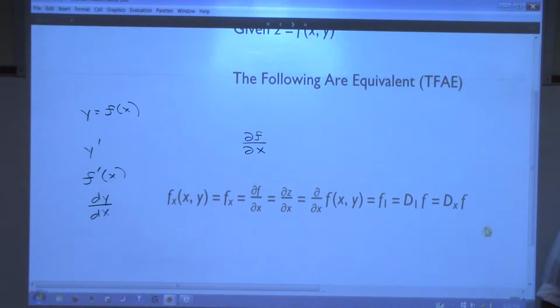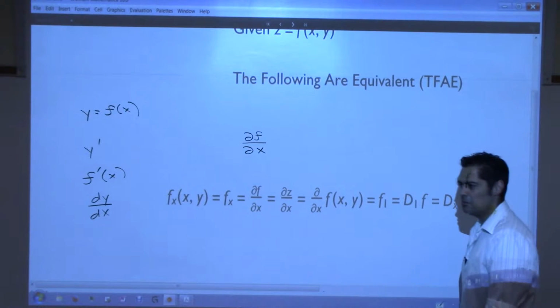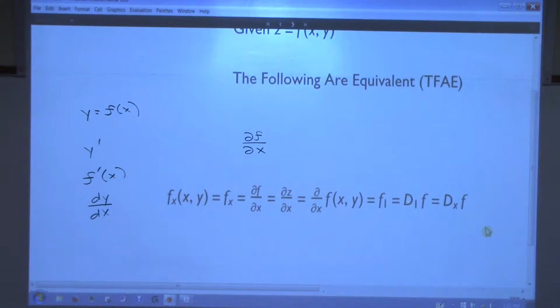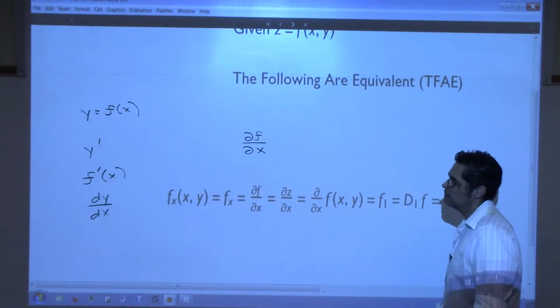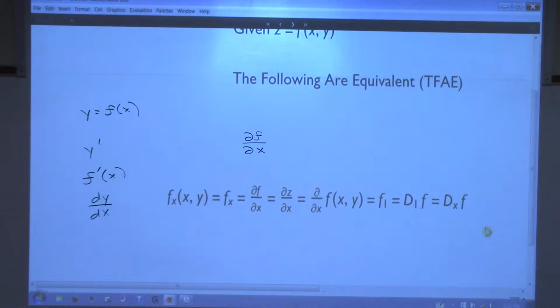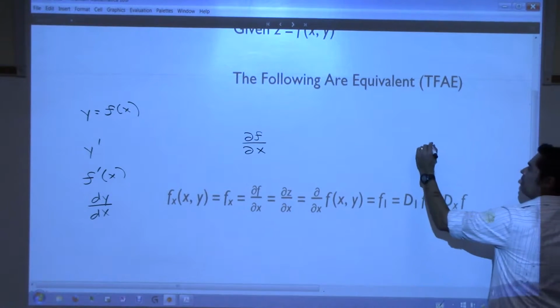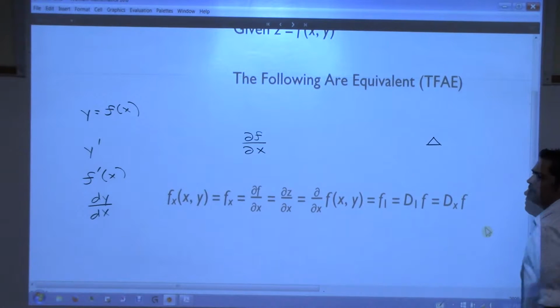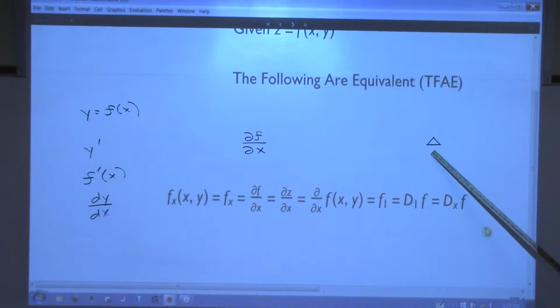Anyone know what that symbol is called? Look it up. I'm pretty sure it's called del. Del. Not delta, but del. But it's related to delta because it is a change.